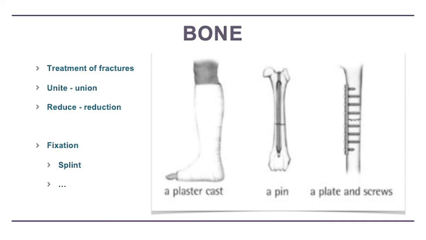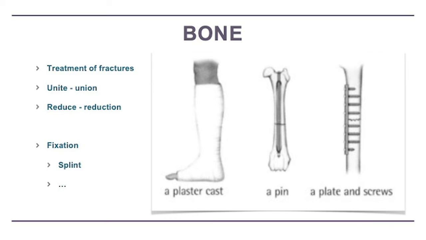A splint is just an external device which is movable. You can put it on and take it off without having to break the splint. A cast is a stronger material, but at the same time you have to break it once you want to remove it.